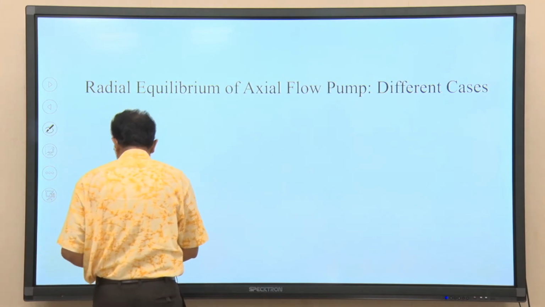Okay. So, the radial equilibrium for the incompressible flow. What is the equation?